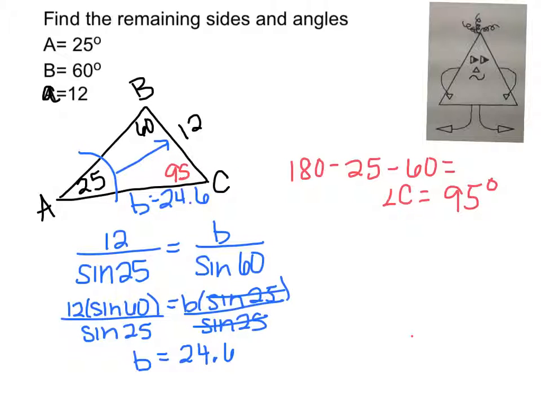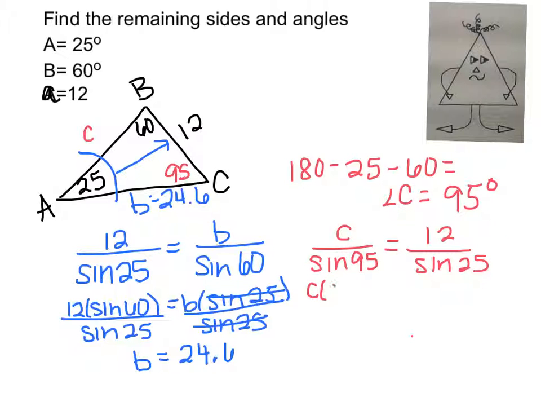So the last piece we have to do is find side c. Well, I know that C has an angle of 95. Then I need to use another ratio. Let's go ahead and use the 12 and the sine of 25 that we already used. So we're going to cross multiply: c times the sine of 25 equals 12 times the sine of 95.